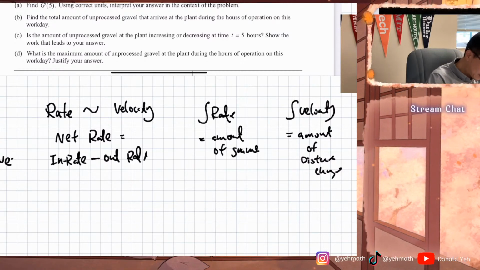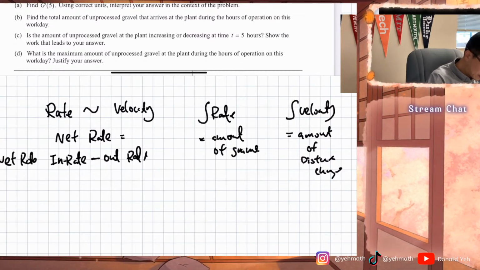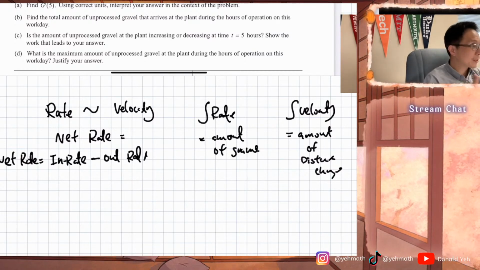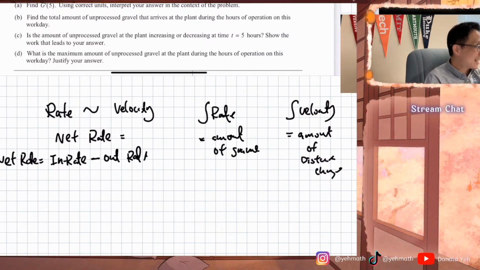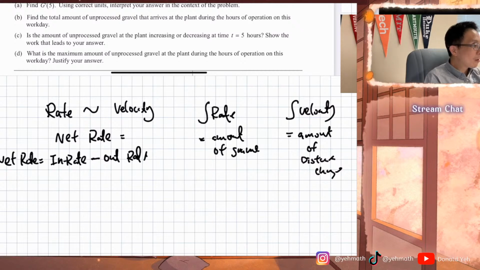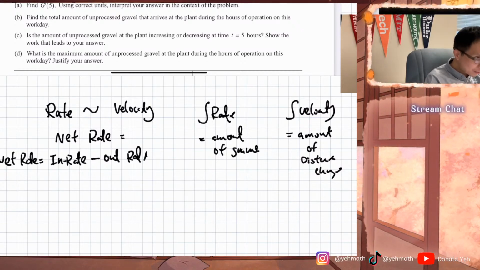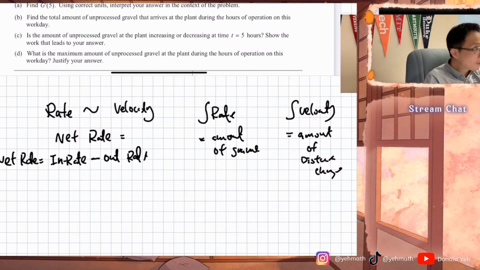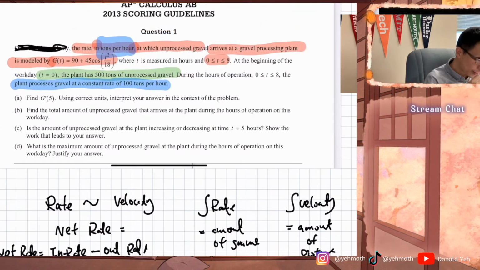So net rate is equal to in rate minus out rate. So that's the net. Okay. So also pay attention to initial condition. So also pay attention to units. Okay. So let's read this question.